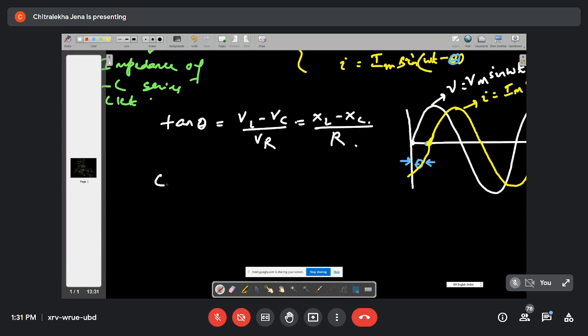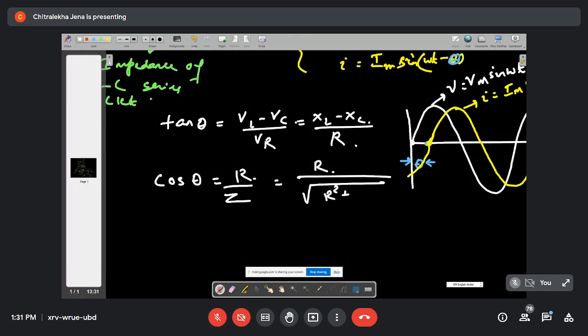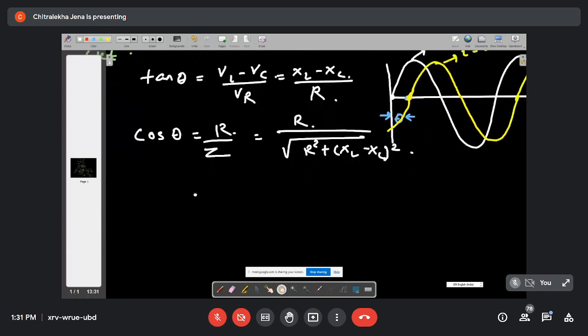Cos theta is equal to how much? Cos theta is equal to R divided by Z, which is R divided by the square root of R squared plus (XL minus XC) whole squared. This is the condition of the RLC circuit.